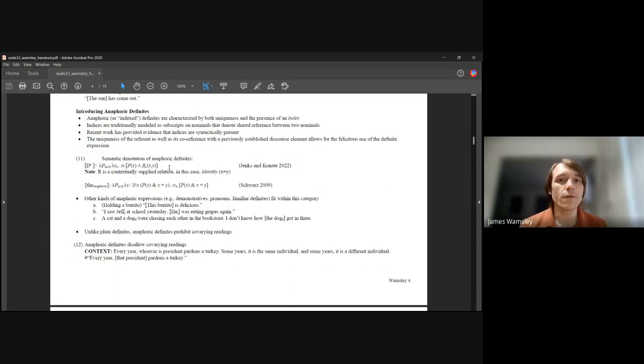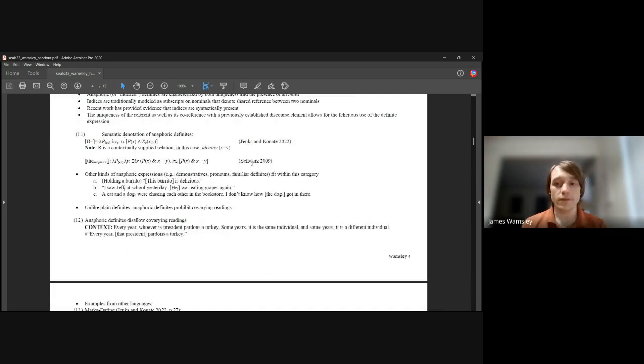Turning to anaphoric definites, not only do they have the uniqueness property, but they also have an index. And traditionally, we've seen indices as the subscripts on nominals that share a reference. But what this recent research has argued is that these indices are actually syntactically present.